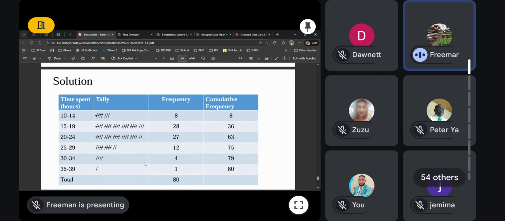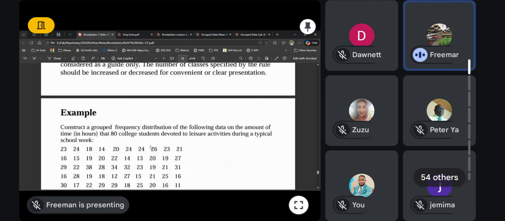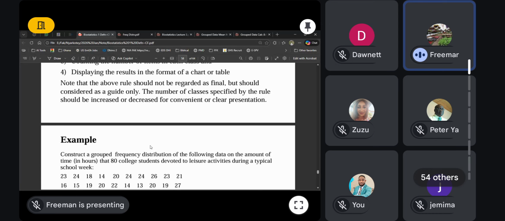And this is 4, this is 1. When you add all these frequencies, it should give you the same 80, which was talked about in the question.